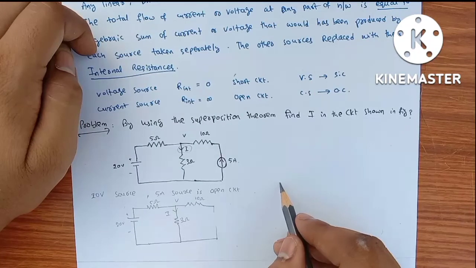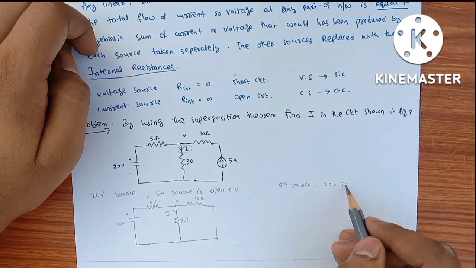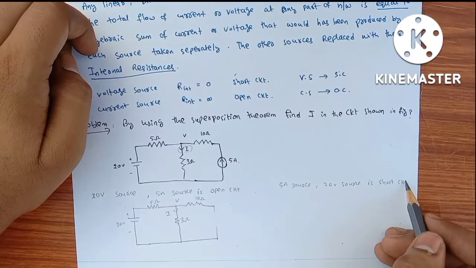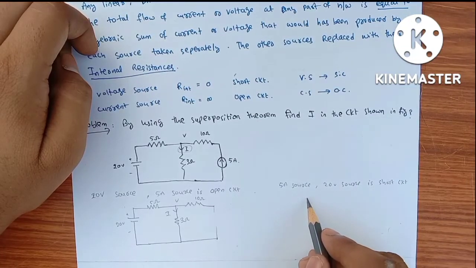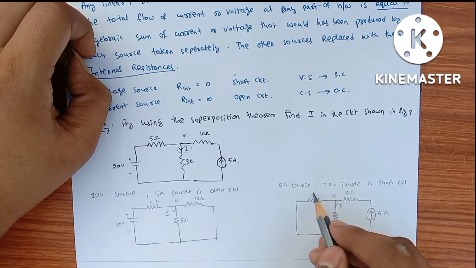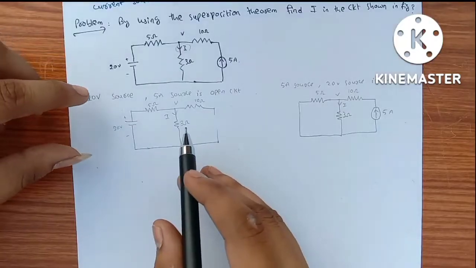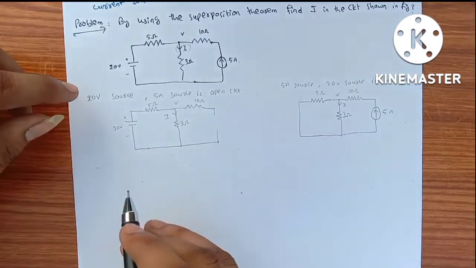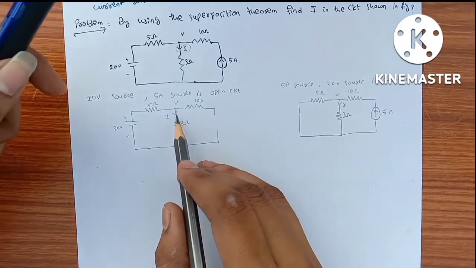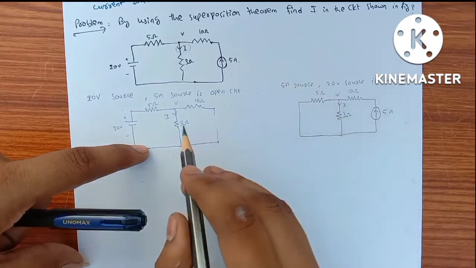Again, if we take the 5 amp source, then the 20 volt source is replaced with a short circuit, and the circuit looks like this. After redrawing, the circuits look like this. Now I am finding I in each circuit.